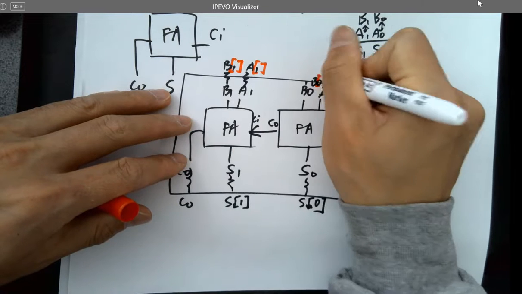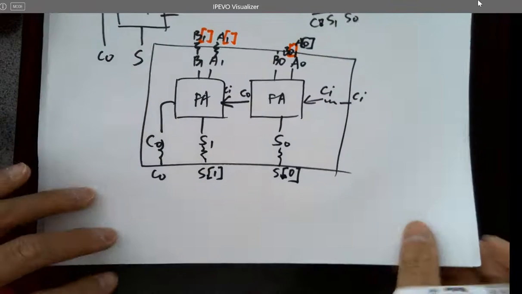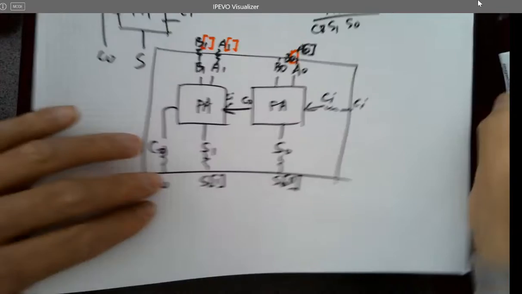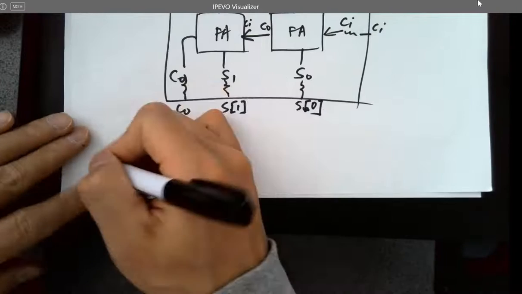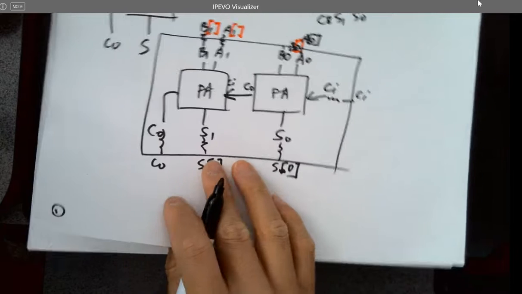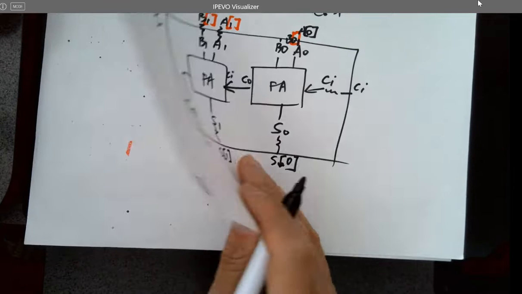Okay, like that. So you need to code up your FA module first. A single-bit FA first.